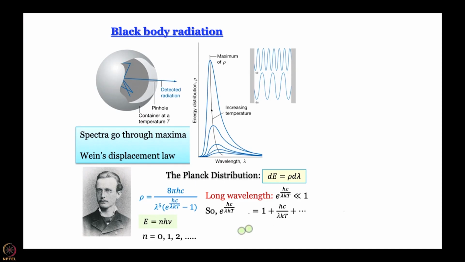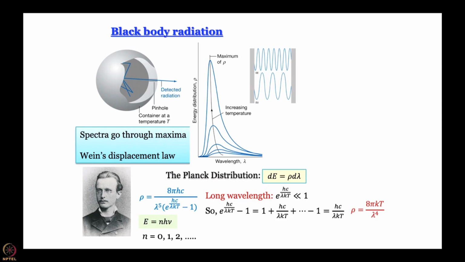In the denominator we have this exponential term minus 1. So, let us subtract 1 from both sides. We get hc by lambda kT. So, this entire exponential term becomes hc by lambda kT. You multiply it by lambda to the power 5, and you get rho equal to 8 pi kT divided by lambda to the power 4.